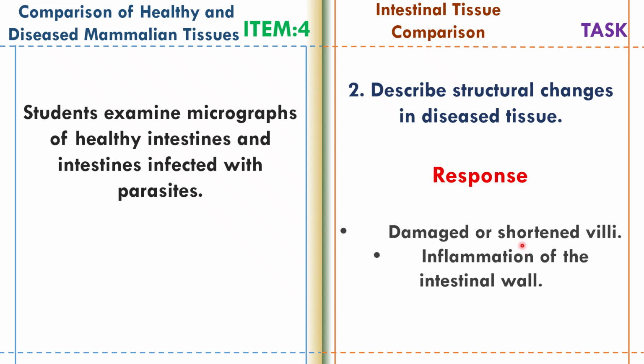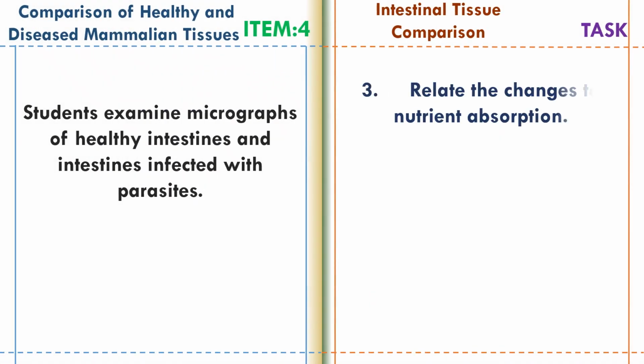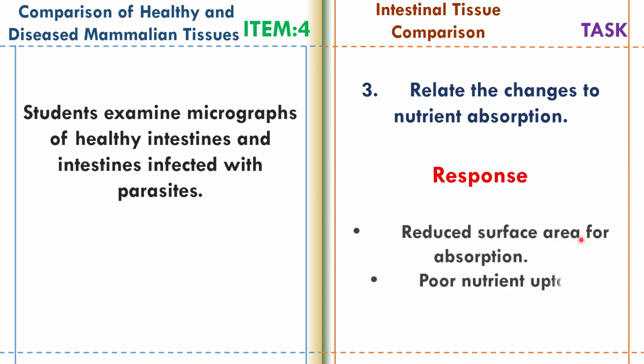Damaged or shortened villi, inflammation of the intestinal wall. Relate the changes to nutrient absorption. Reduced surface area for absorption and poor nutrient uptake.